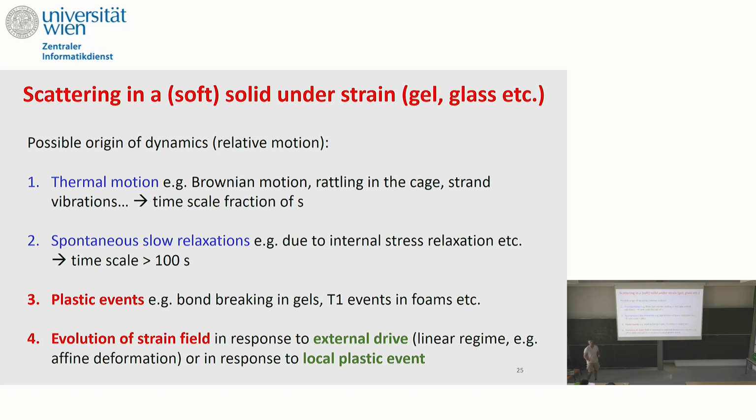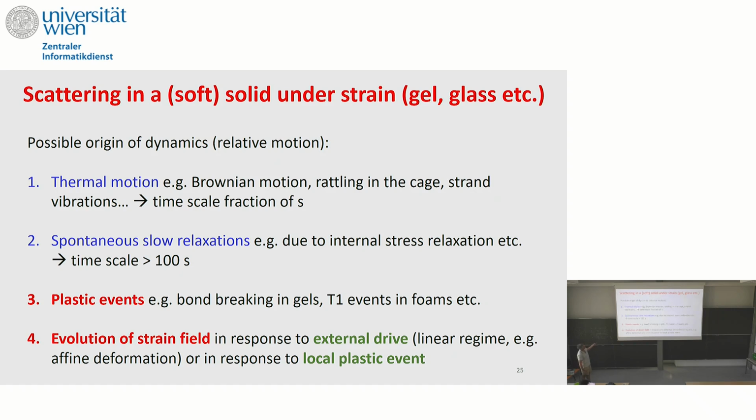Okay. Now, if we do dynamic light scattering under strain, we have to think about what kind of motion leads to a decay of the correlation functions that we are measuring.